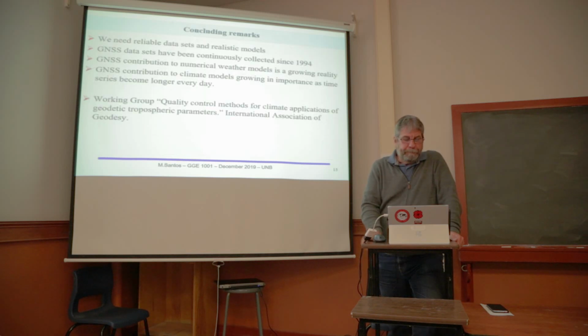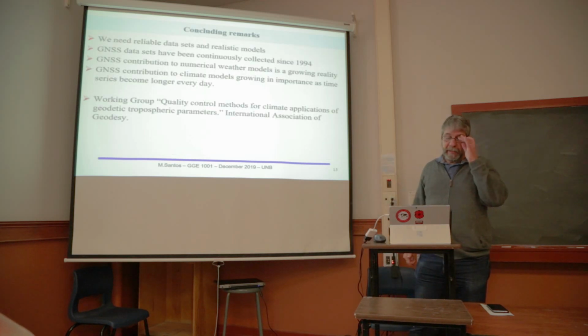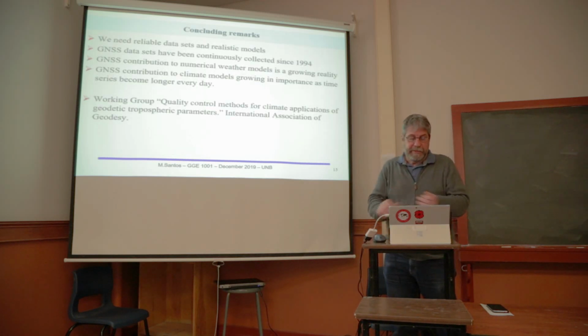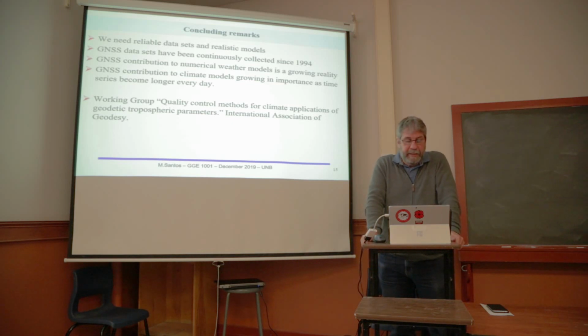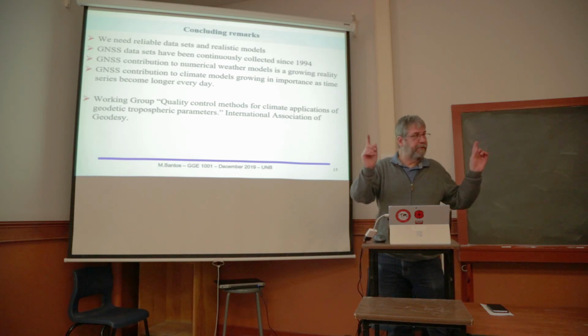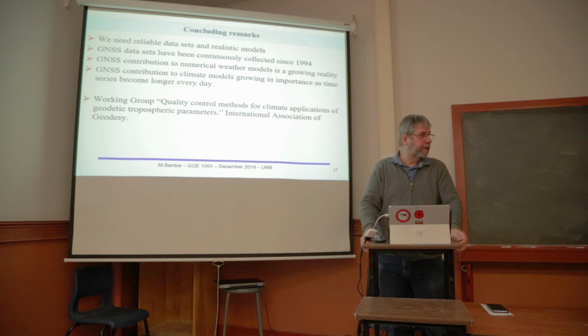My concluding remarks are that we need reliable data sets and realistic models. GNSS data sets have been continuously collected since 1994, which means we're very close to having the 30-year period with which we can estimate normals.